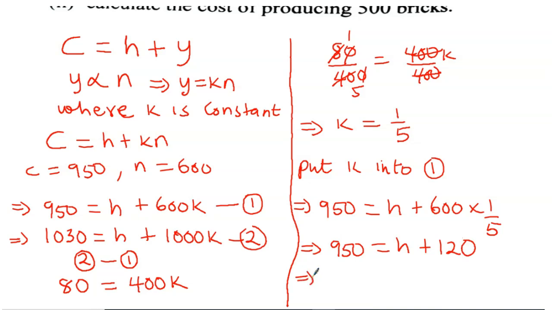So to find h, you send 120 to this side. So h will be 950 minus 120. So our h now becomes 950 minus 120, which is 830.